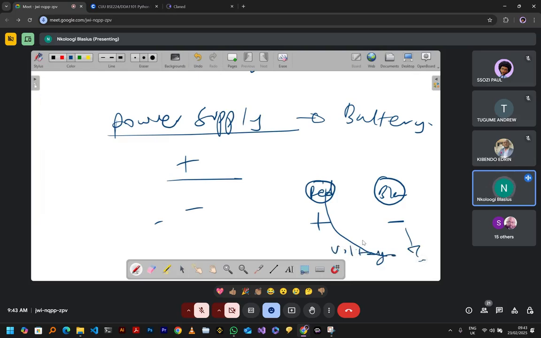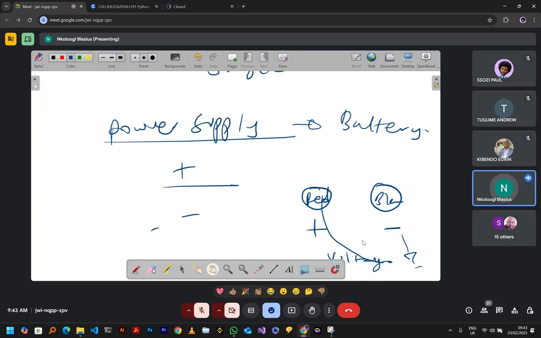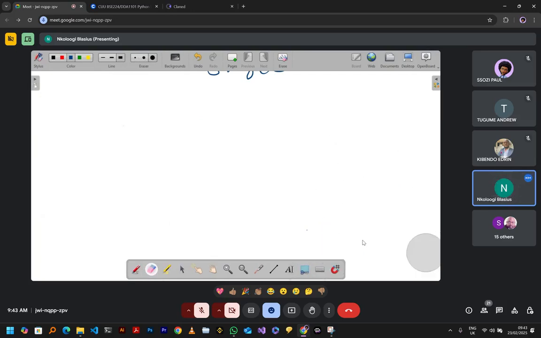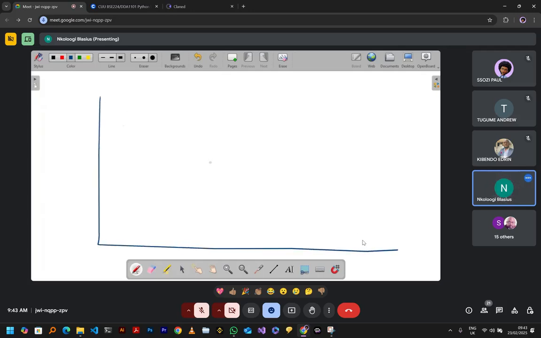and then this will be the ground. Okay, then one last thing that we might need to use, I think, is a breadboard. We just create our long rails to have better connectivity. A breadboard is where you can assemble your different components and prototype your circuit.